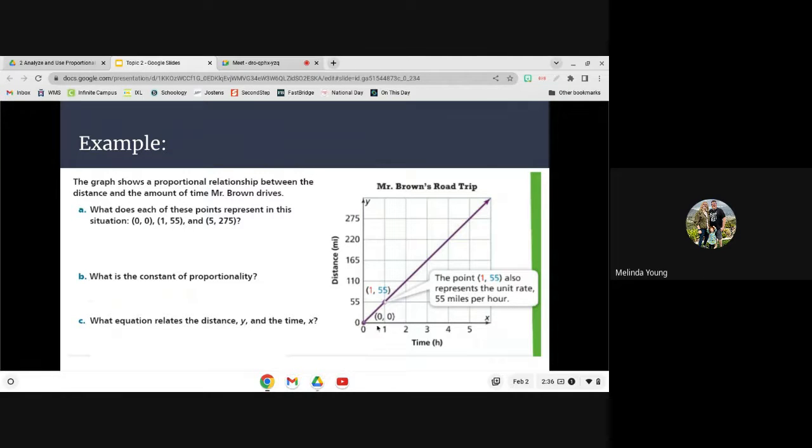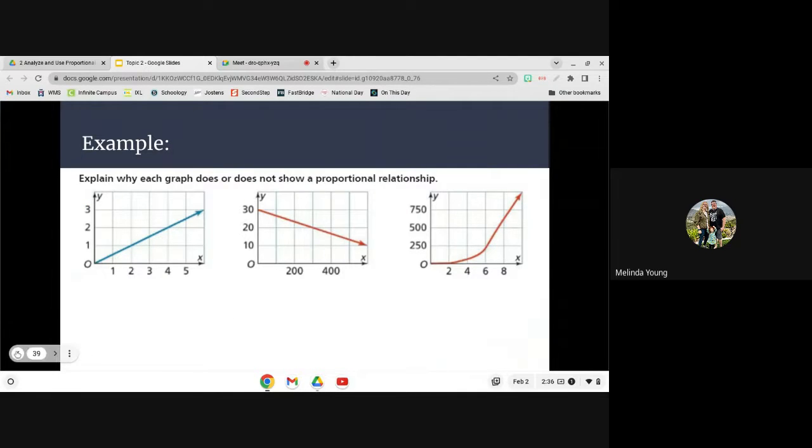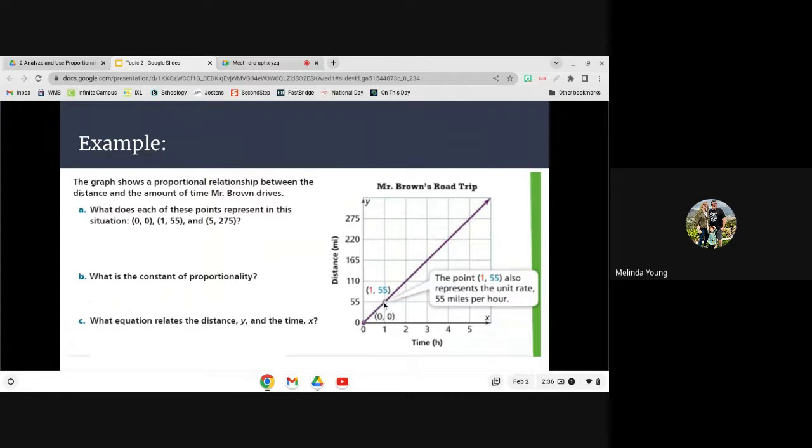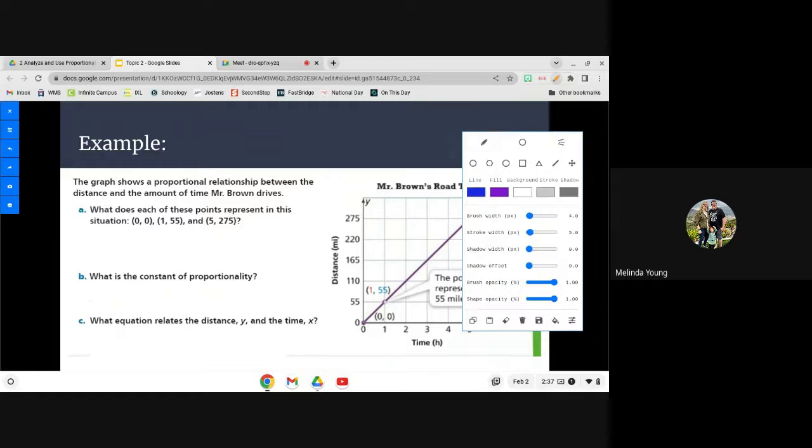Once an hour has struck, now all of a sudden at 1, I've gone 55 miles. So I can say that 1, 55 and even 2, 110 means my miles per hour show how much I have traveled.